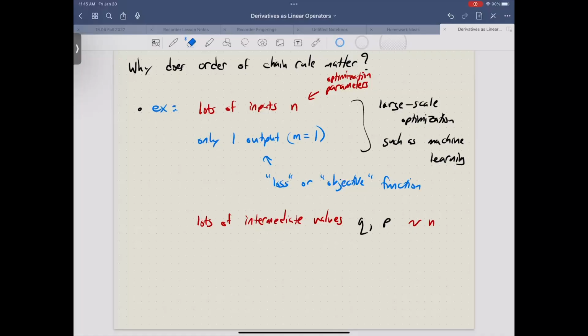So then think about what the shape of the chain rule is. Our F prime is one output by n inputs. So really, this is a gradient. This is what you're going to typically want in optimization and machine learning. We'll talk about this more later.